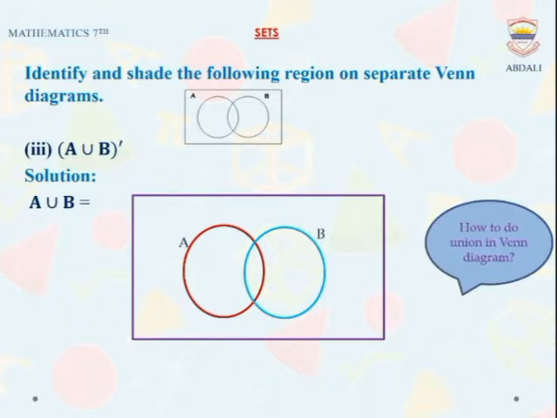Now we have made both sets. We are just doing the bracket part first. In the question we have A union B in a bracket, and then we have to take the complement of this bracket. So firstly we are solving A union B.